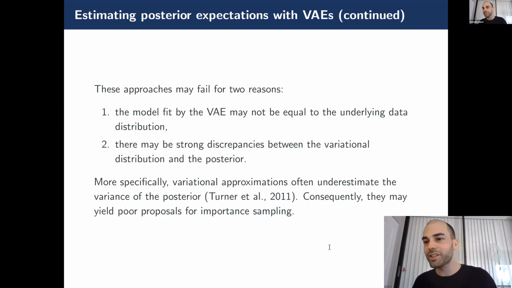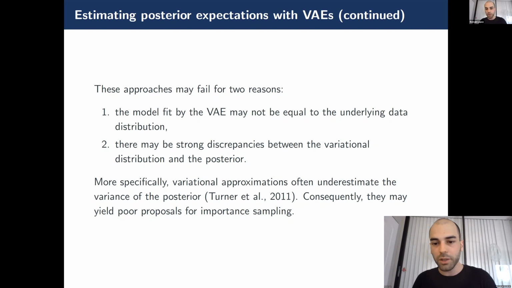And these things actually don't quite work out with the vanilla VAE. The first reason is that the model fit by the VAE may not be equal to the data distribution. That's a side thing that we talk about in the paper, but if you find a better model, it's always better to calculate differential expression or make decisions with VAEs. The second thing is that there can be strong discrepancies between the variational distribution and the posterior.